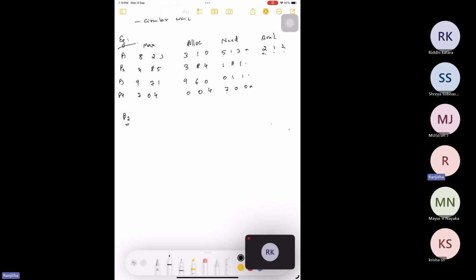So available will become 1, 1, and 1, correct? Yes, ma'am. Okay, so now we have 1, 1, and 1. Now P2 is having 3, 8, 4 and 1, 0, 1, that is 4, 8, 5. P2 is having all 4, 8, 5 with it.